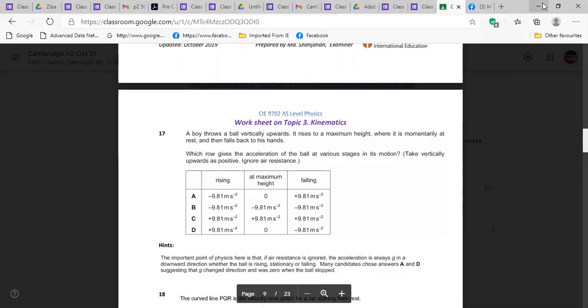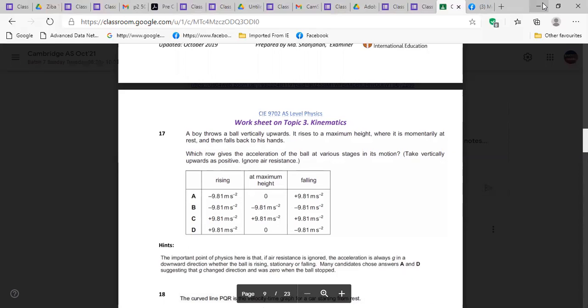Okay, so this one is a little bit tricky question. We have some information given here: take vertically upwards as positive, ignore air resistance.